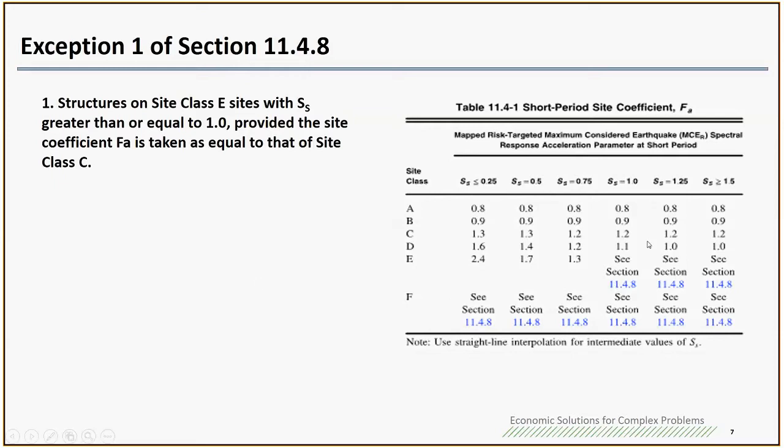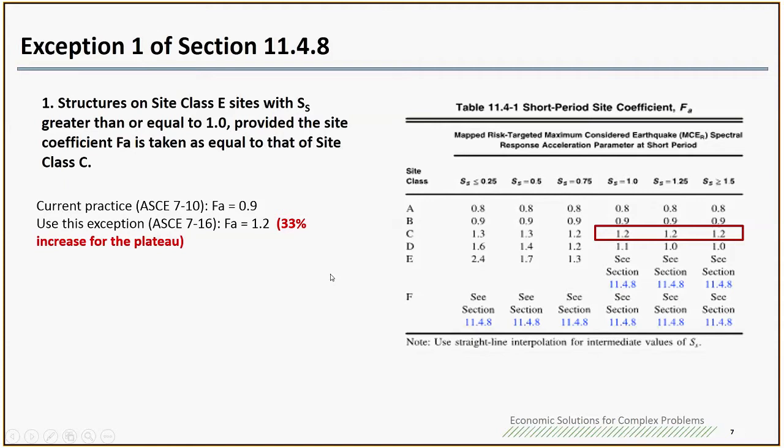So you use the value of site class C, which is basically 1.2 here. So what does that mean? If you look at the current ASCE 7-10, for this area, Fa is equal to 0.9. Now if you use exception 1, you use 1.2. Theoretically, there is a 33% increase for your loading, because we know that Ss is used to determine the plateau of your design response spectrum.